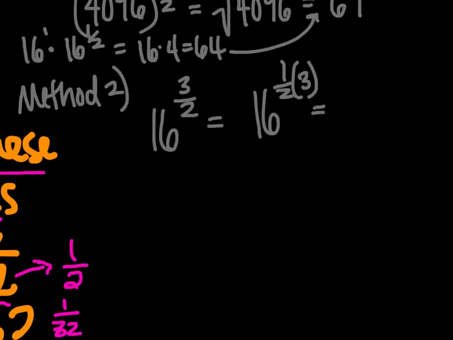So let's rewrite this even more. I'm going to color code things now. We have 16 raised to the 1/2, and we're going to be raising this to the 3rd power. Again, the power to a power property split apart. It's working backwards.